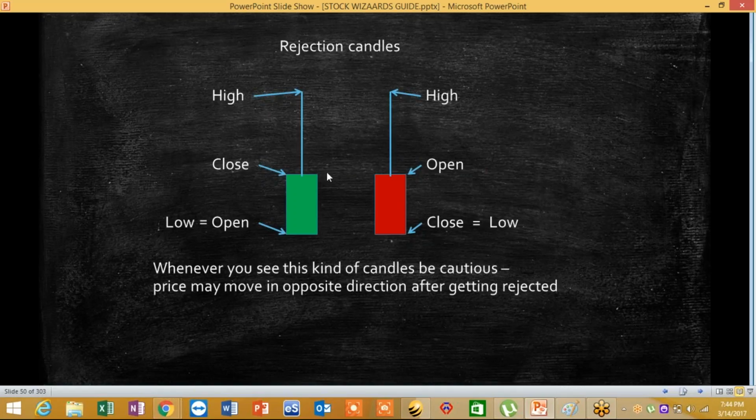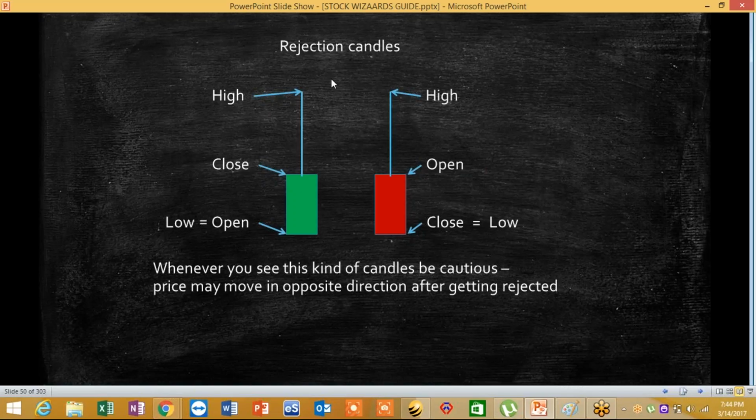Okay. So both are looking the same, but there is a difference in color, but both are rejection candles, right? Whenever you see this in any chart, and you have a position, like suppose you have bought a stock or you are long in any stock, and you see this type of candle, be very cautious that the trend can change immediately.